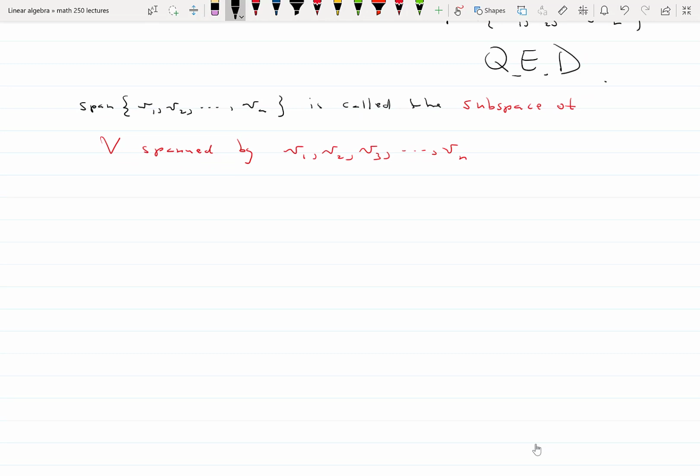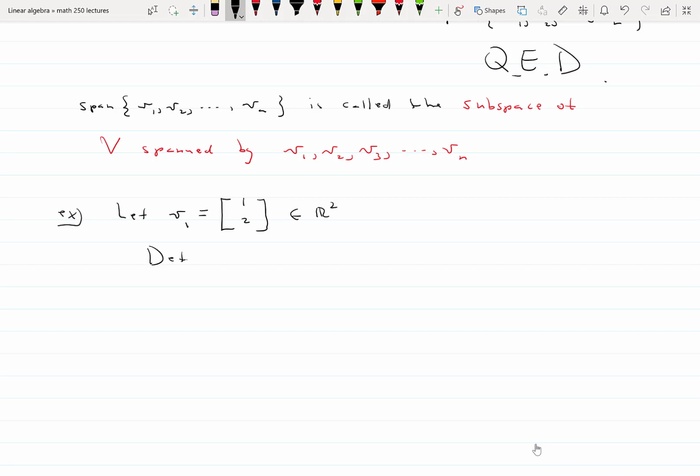Okay, now let's get to a specific example. We're starting to build up a lot of the theory and notation. Let's look at a specific example. Let V1 equal the column vector 1, 2 from R2.